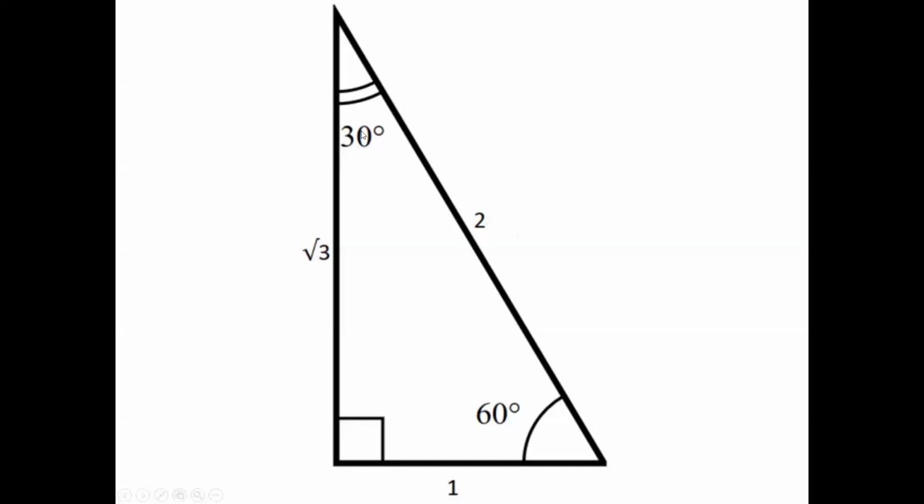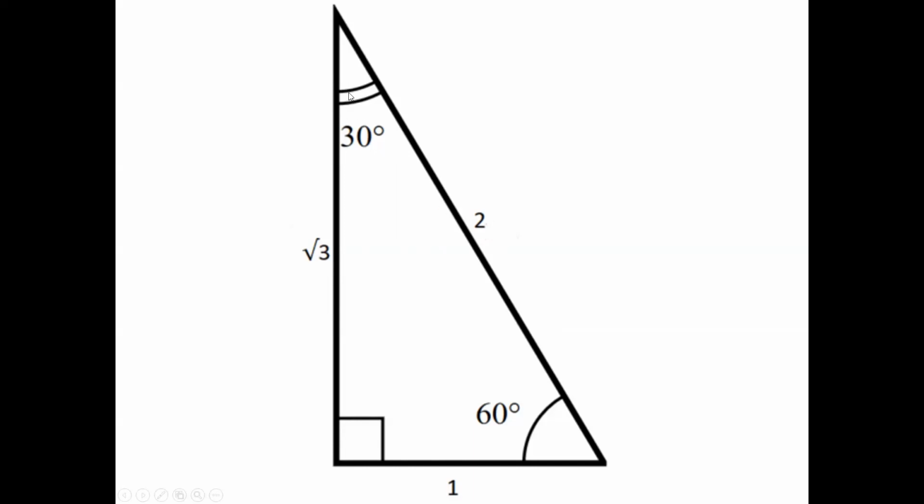No way. In fact, I know what sine 30, cos 30, and tan 30 are exactly because I have this right angle triangle here. So the side lengths of my triangle are 1, square root of 3, and 2.